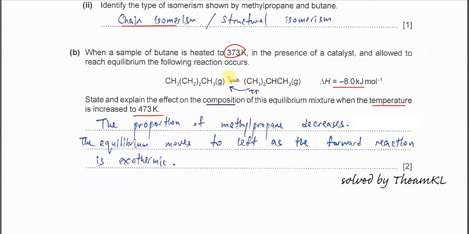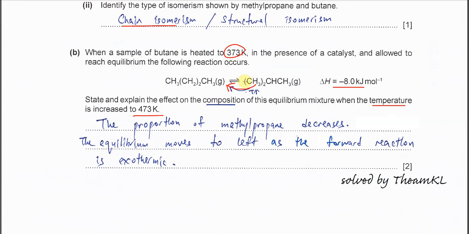It is not going to move forward, because moving forward produces more heat, so it won't really decrease the temperature. That's why the equilibrium will shift to the left hand side. When it shifts to the left, it is endothermic, it will absorb the heat and lower the temperature.